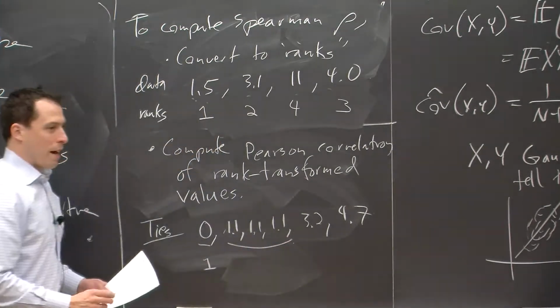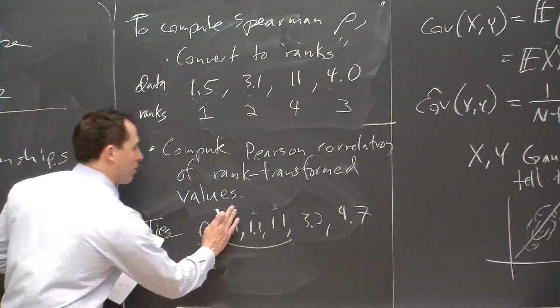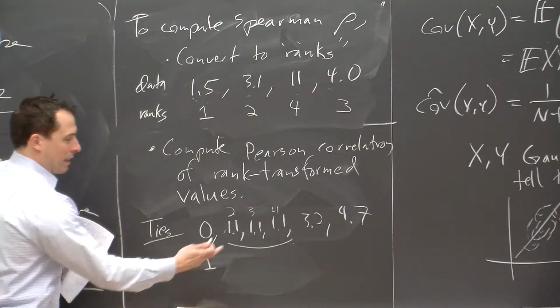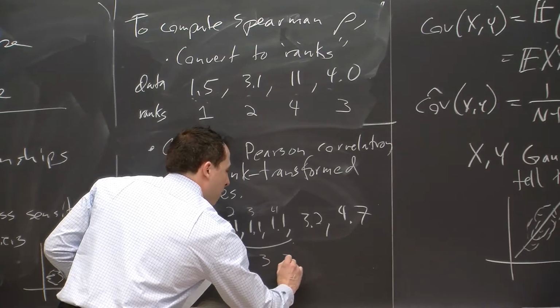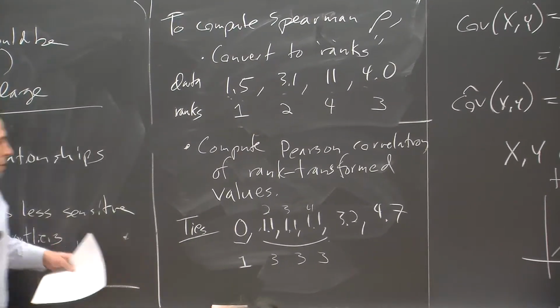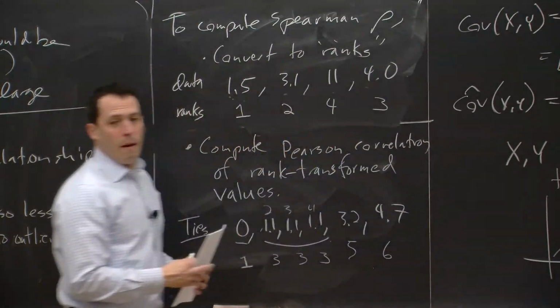These get their average rank. These were ranks 2, 3, and 4 in no particular order. I assign to them the average rank among them, so they all get rank 3 when I plug them into the Pearson correlation. And then this gets rank 5, and this gets rank 6.